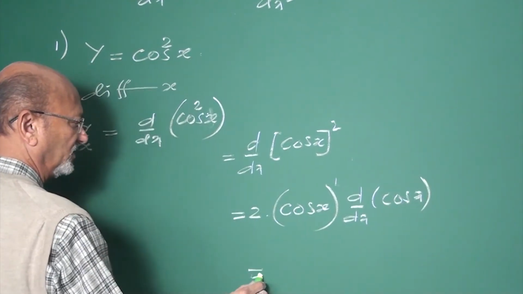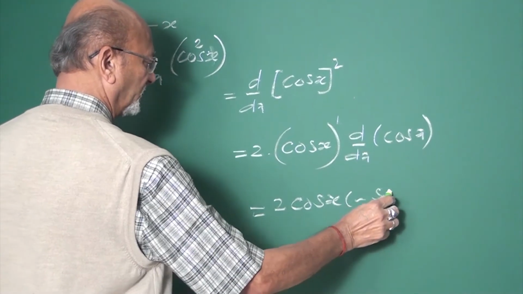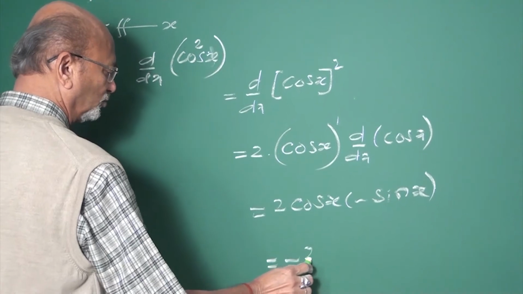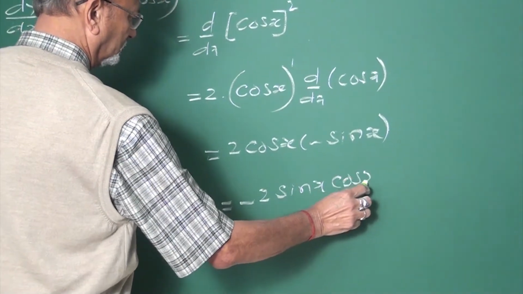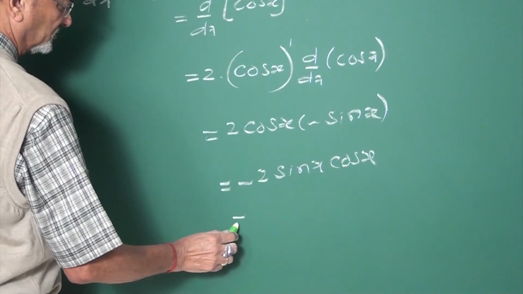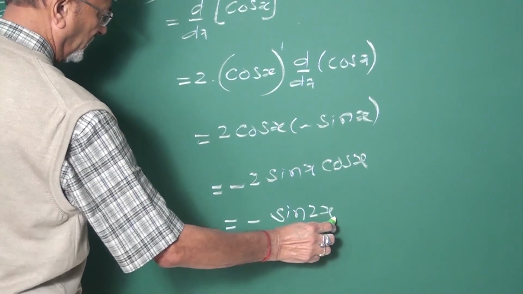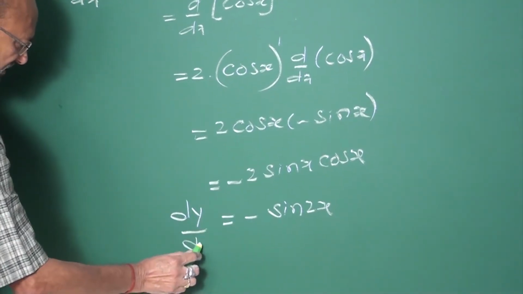So 2 cos x, and the derivative of cos x is minus sin x. Then it becomes minus 2 sin x cos x. Use the formula: minus sin 2x. This is nothing but dy by dx.